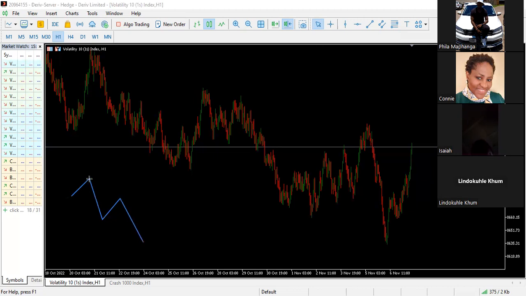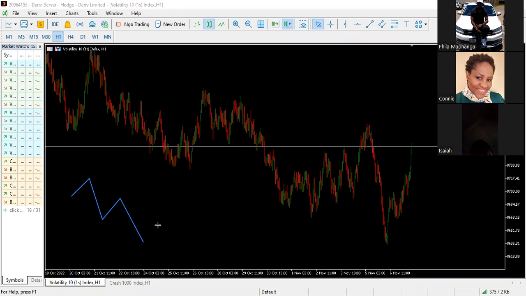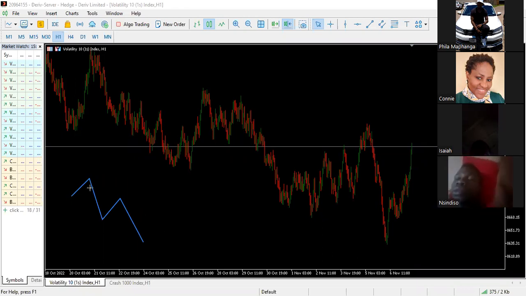Now you have these 2 points. In this situation, you have to wait for the price to get back to the trend line. So I'm going to draw my trend line like this.